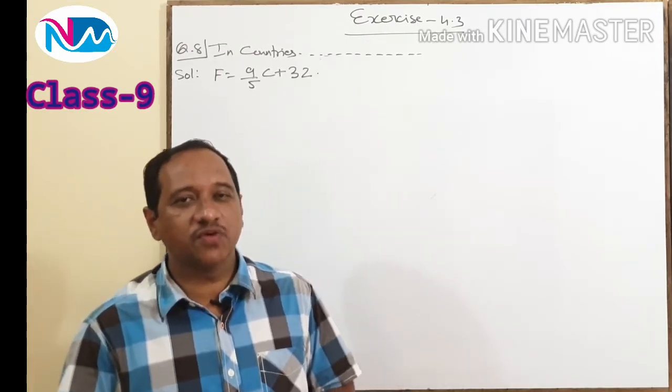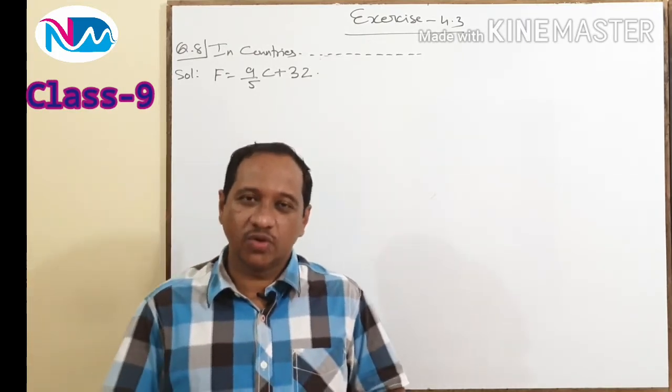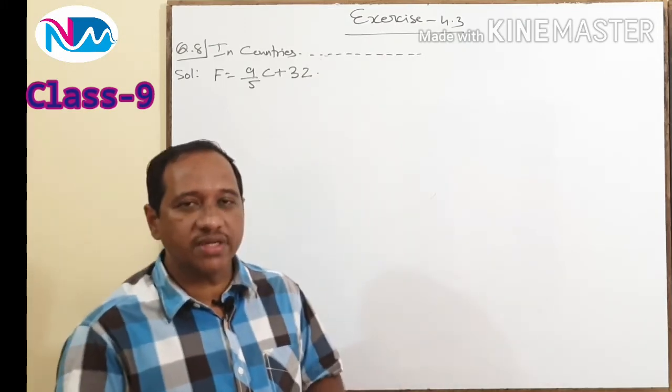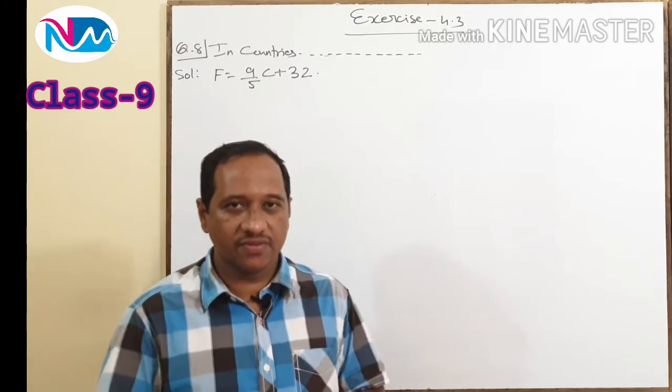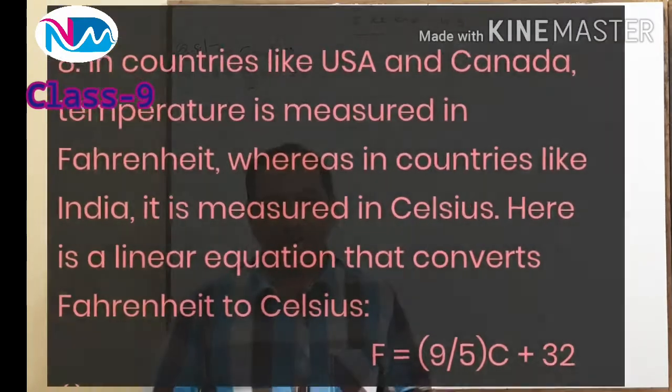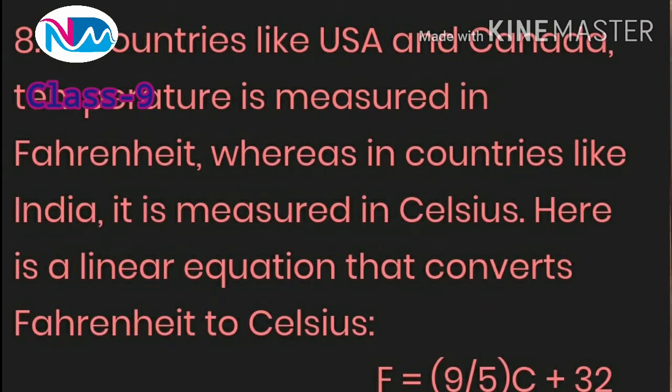Today's video is made for class 9 students. In today's video, we will do question number 8 of exercise 4.3, which is to draw a graph. The question is, in countries like USA and Canada, the temperature is measured in Fahrenheit, whereas in countries like India, it is measured in Celsius.